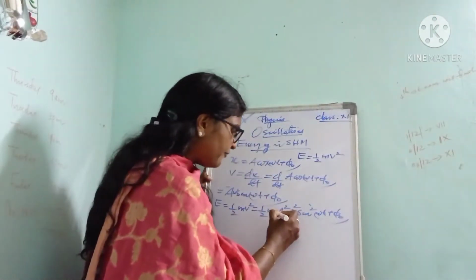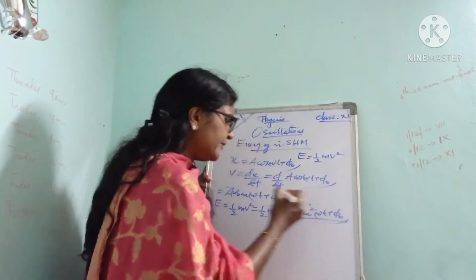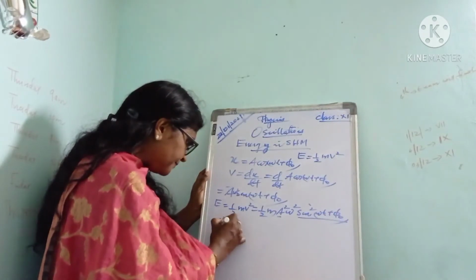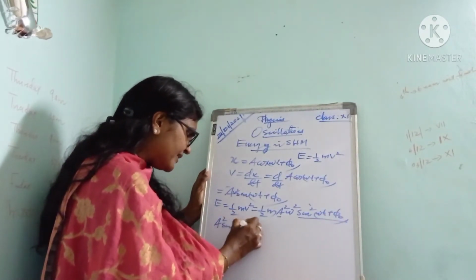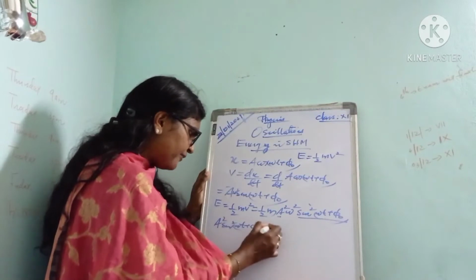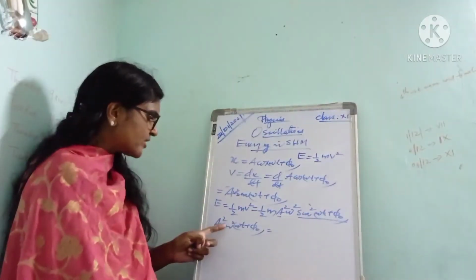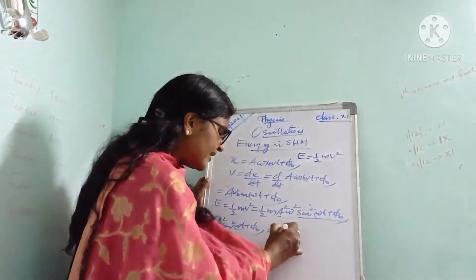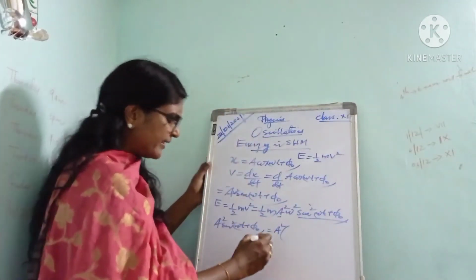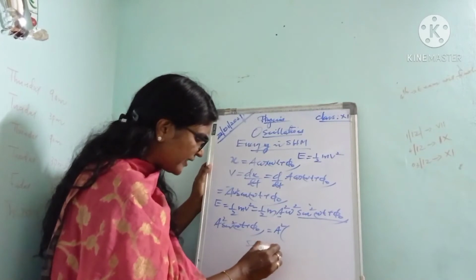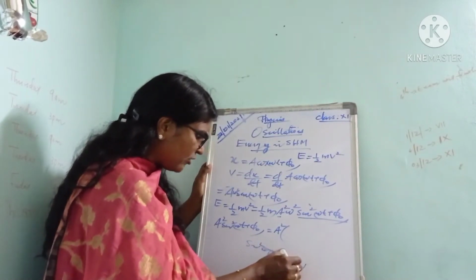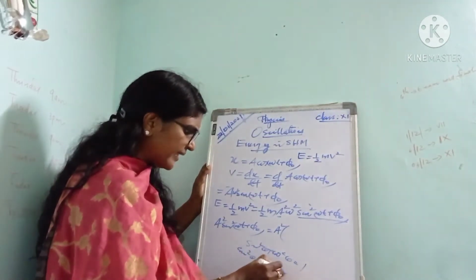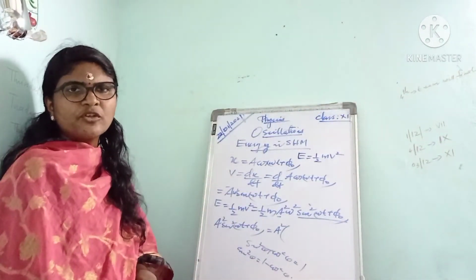Now, first we simplify A squared sin squared(omega t plus phi 0). You know sin squared theta plus cos squared theta is equal to 1, so sin squared theta equals 1 minus cos squared theta.